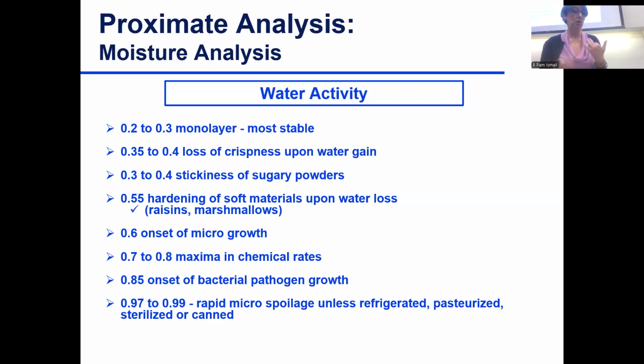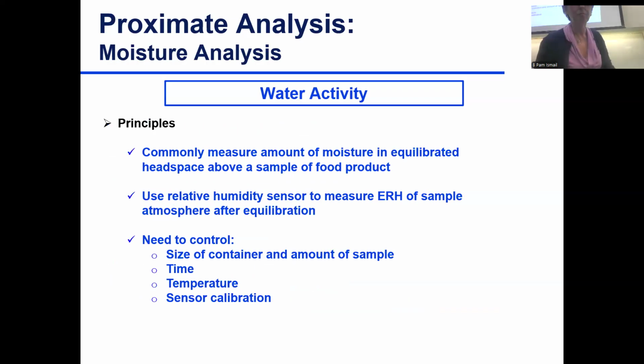And also here we talk about measurements of the water activity. So the principle of measuring water activity is measuring this moisture at equilibrium that is above the food, so in the head space above your food product or beverage.